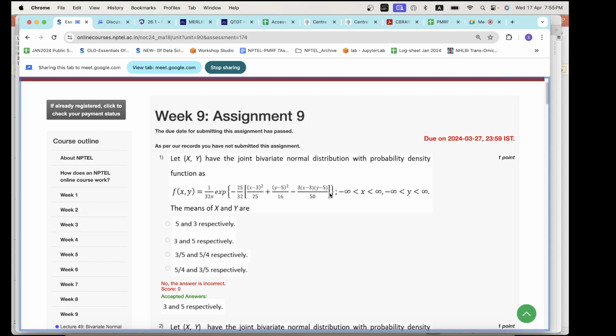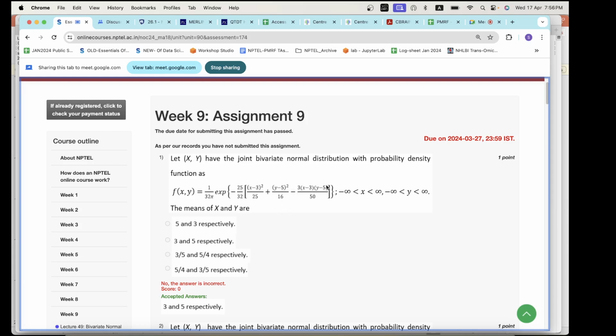Okay, so here this has to be your (x minus mu x by sigma x) whole square. This quantity is supposed to be your (y minus mu y by sigma y) whole square.